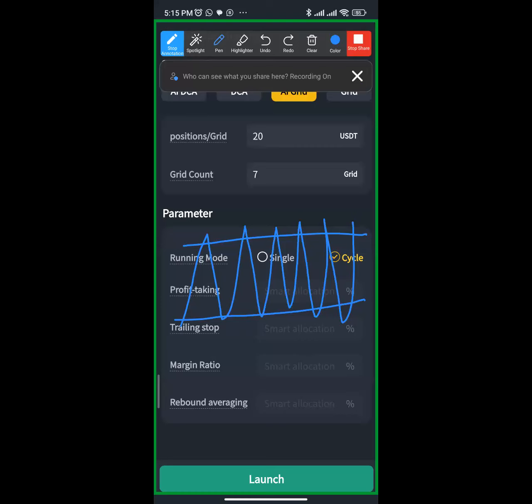You could go for your BTC, that's your Bitcoin, your Ethereum, maybe BNB, XRP, those coins that are very stable, they don't do 20% in less than 24 hours. You could put your Bitcoin on AI grid and the robot will keep collecting consistent profits.